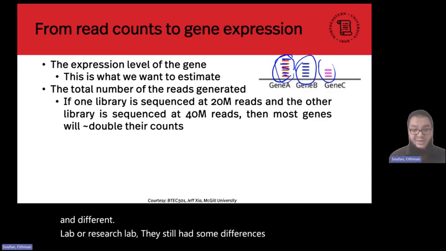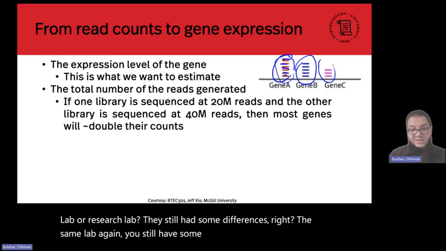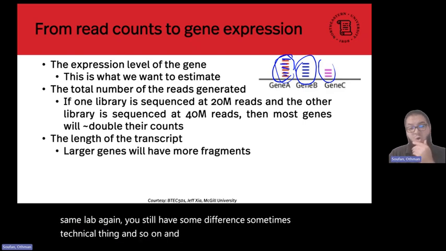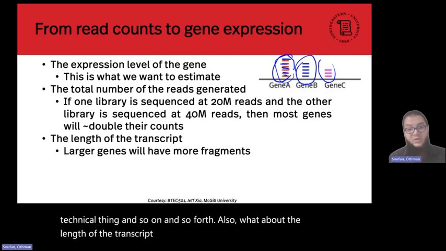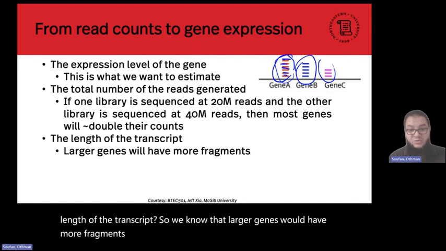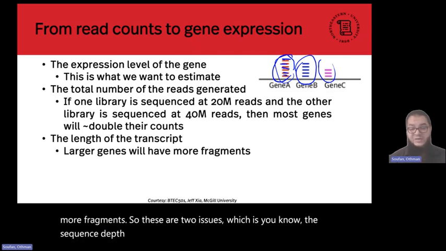In the same lab, again, you still have some difference, sometimes a technical thing. Also, what about the length of the transcript? We know that larger genes would have more fragments. So these are two issues: the sequencing depth and the size of the transcript.